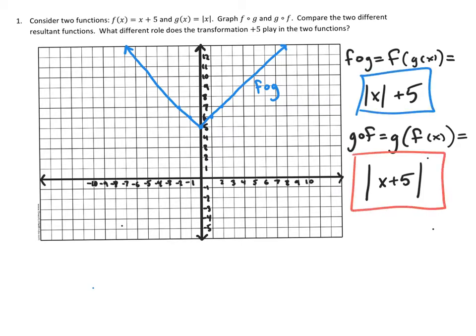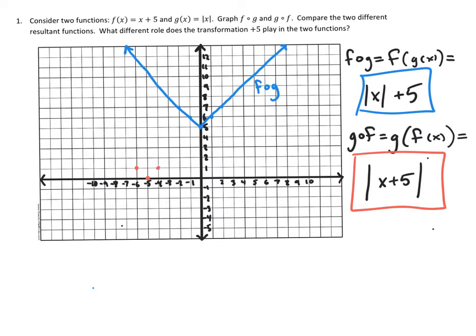Now in this one, I'm going to plug in negative 5. Negative 5 plus 5 is 0. Absolute value of 0 is 0. So I get the point negative 5, 0. Negative 6 plus 5 is negative 1. Absolute value of negative 1 is 1. Negative 6, 1. Negative 4 plus 5 is 1. Absolute value of 1 is 1.